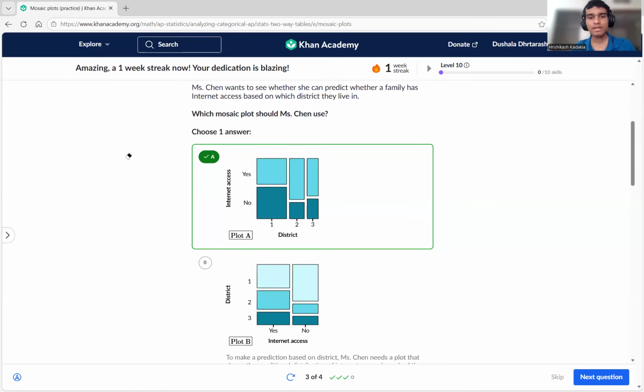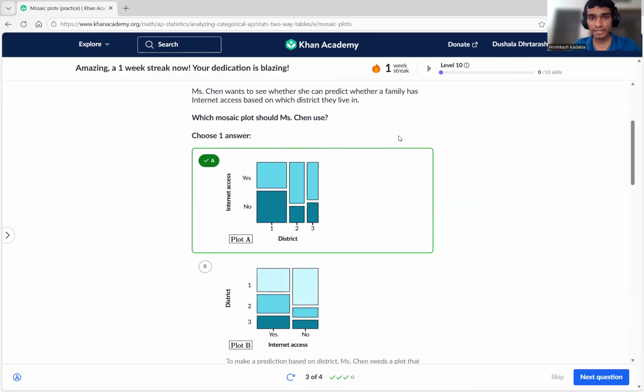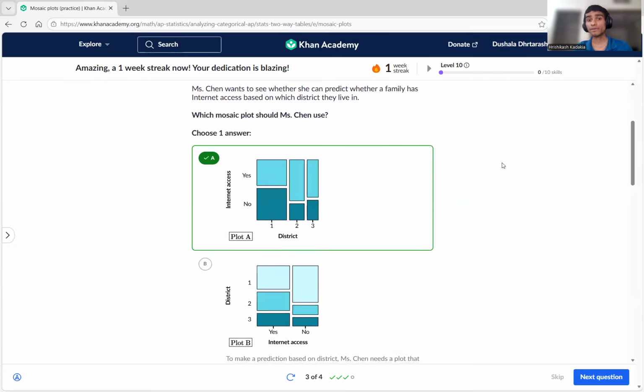So here we can conclude that, if they have internet access, a bulk of the participants live in district 1, right? Yeah, and then a smaller percentage live in 2, and the smallest subset live in district 3. But we want, based on which district they live in, whether or not they have internet access for the family. So therefore, option A is the answer.